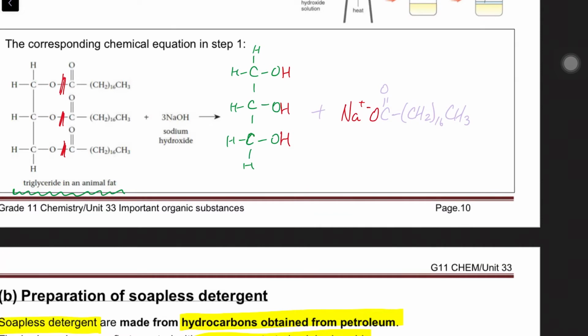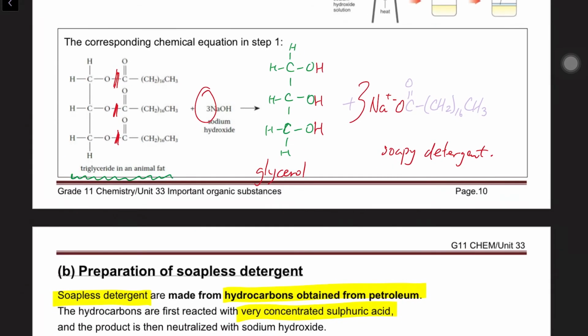But you should be careful because here we use 3 sodium hydroxide and 3 carboxylate salts should exist in our product. Okay, so this one is glycerol and this one is soapy detergent. Okay, like this. So not only write down the chemical equation, but also you need to emphasize the coefficients.